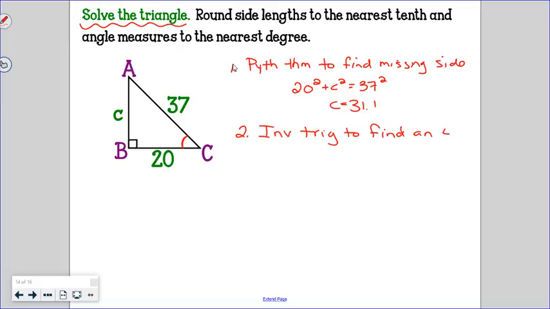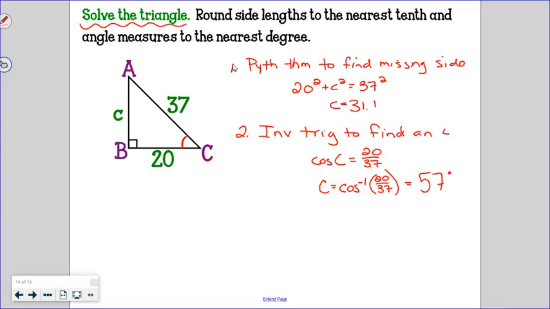It's not a rule, but I would stick with the exact numbers. Okay, so that would be my adjacent and my hypotenuse, which means I would use cosine, which means we're using inverse trig. So angle C is going to equal the inverse cosine of 20 over 37. Rounded to my nearest degree. Who's got that for me? 57 degrees.